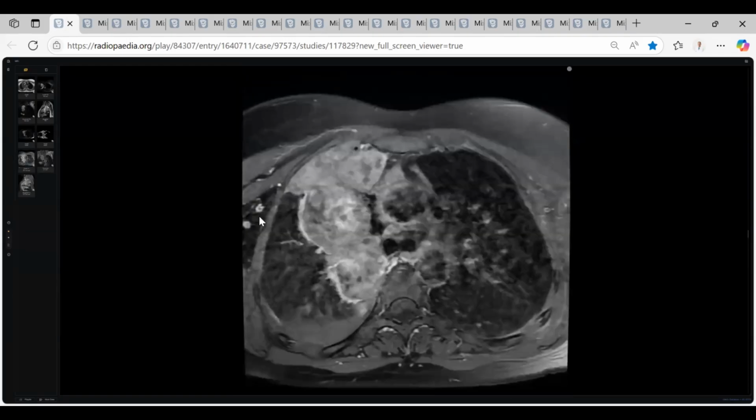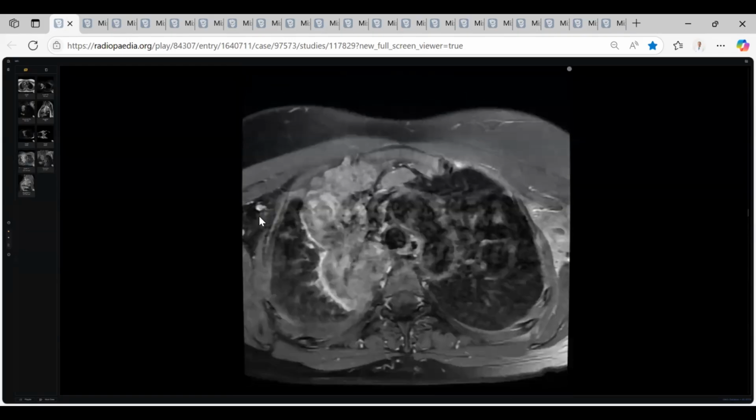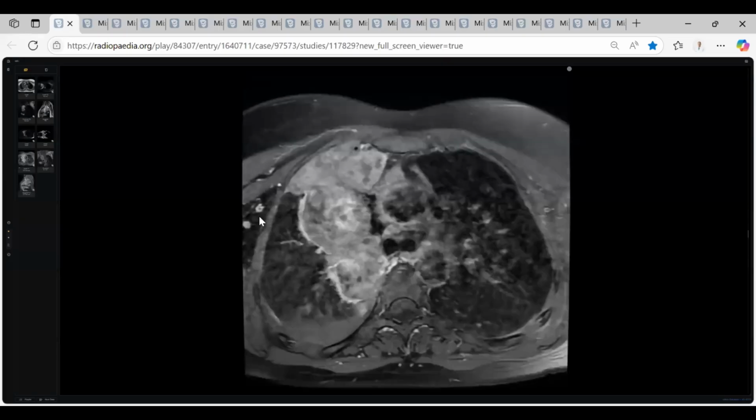Second point: abutment of a malignant tumor to a vessel in the thorax, I'm speaking about the thorax, not the abdomen, for more than 90 degrees is a sign of invasion.